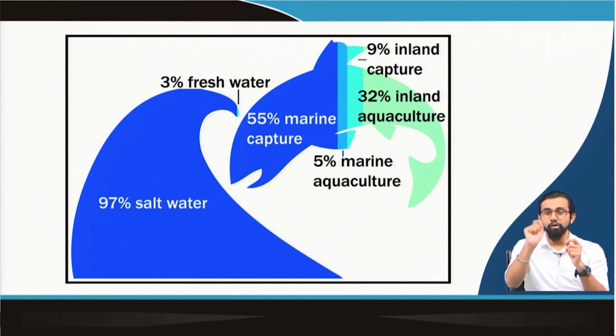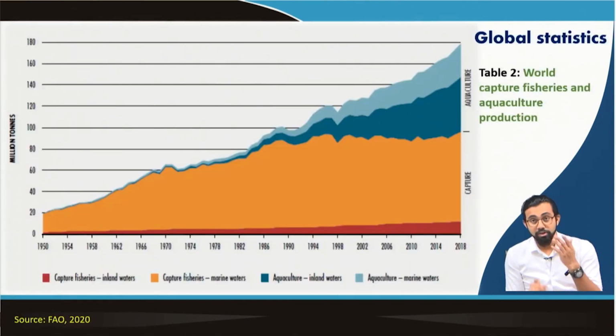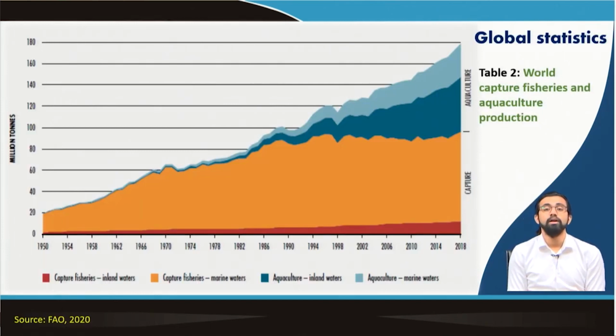So almost two-thirds is coming from capture fisheries and one-third from culture fisheries. This data is from around 2010, but now things are changing. It is almost the same in 2018, as we discussed in the last graph.